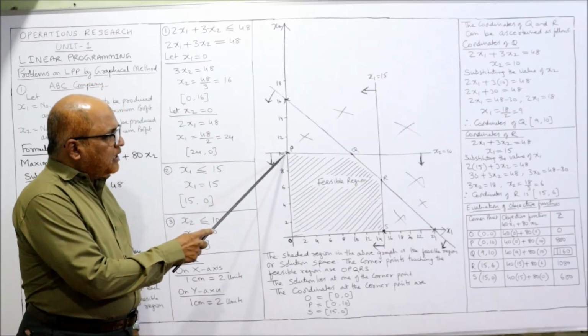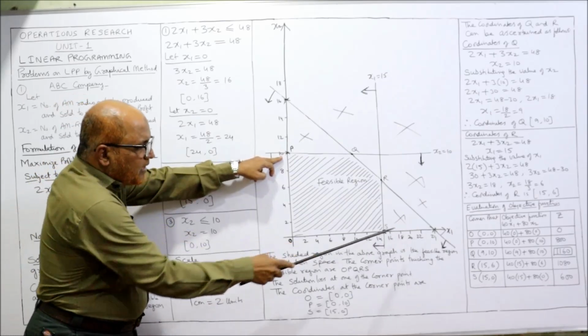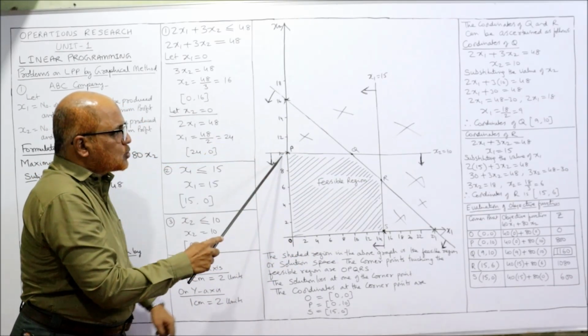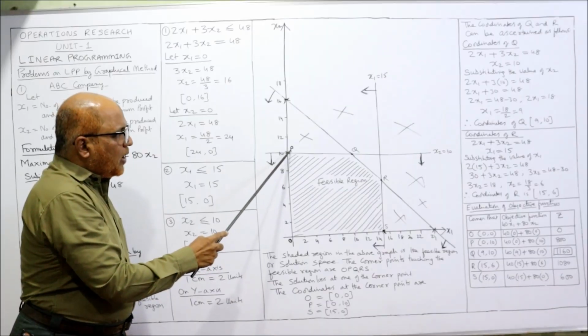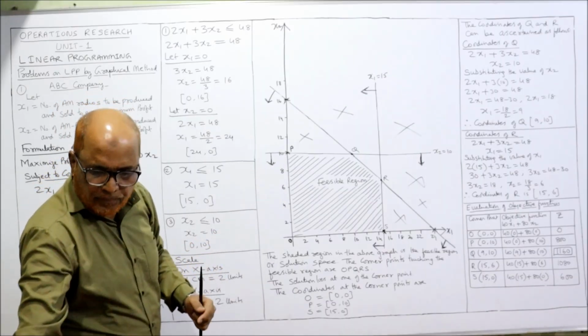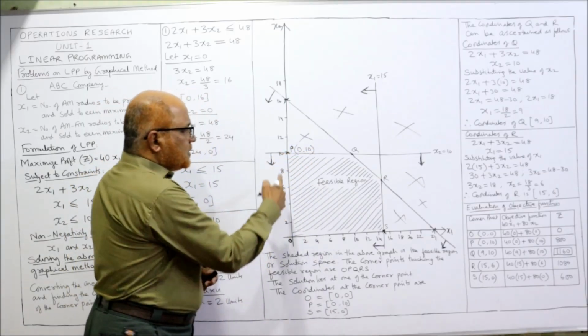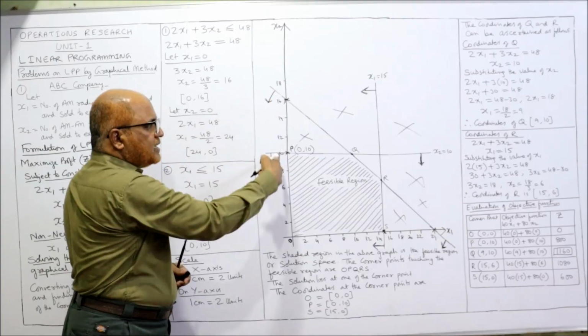Then P. At P you can see x1 is 0 and x2 is 10. So at point P the coordinates are 0 and 10, where 0 is x1 and 10 is x2.